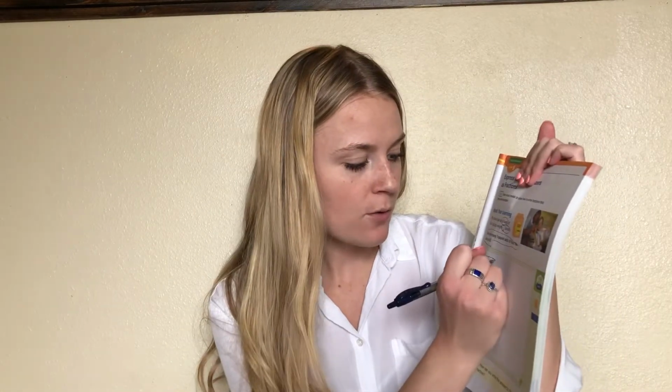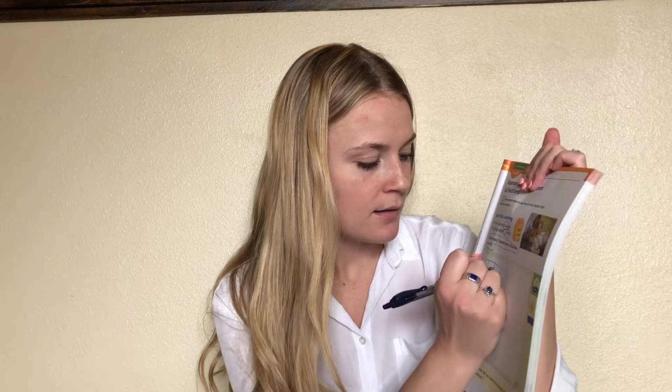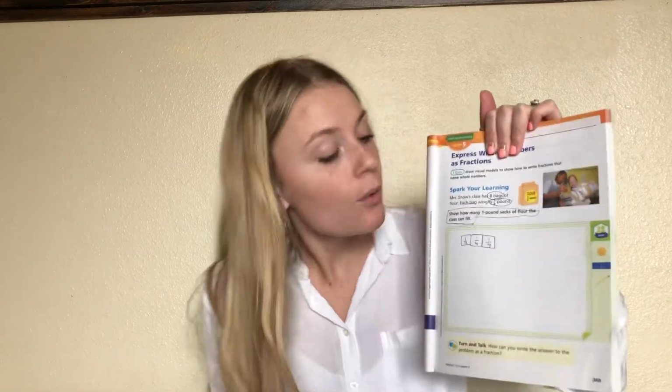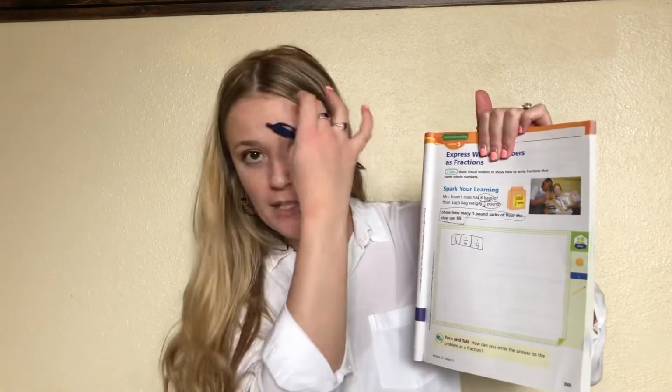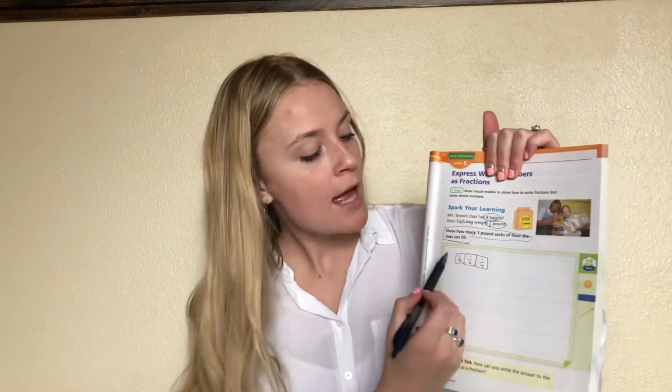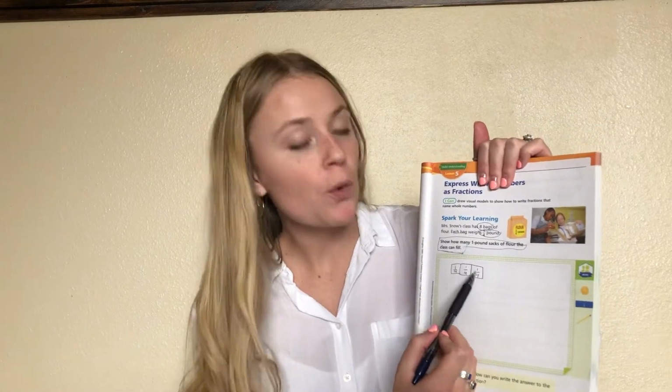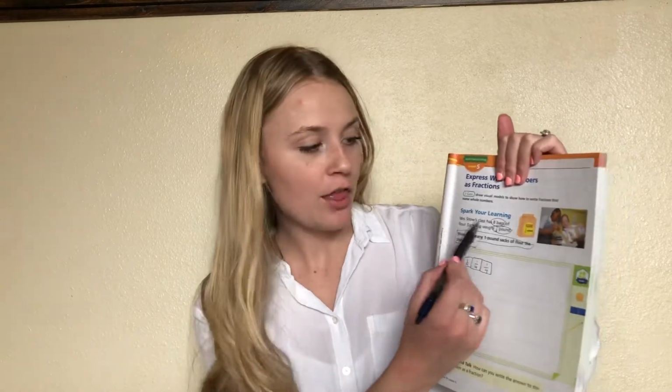Then one more 1/4. So how many bags of flour have I drawn so far? Well, if each bag weighs 1/4 pound and I have 1, 2, 3 of them, I have 3 bags of flour so far. And I need to get to 8 bags. So I'm gonna keep drawing.